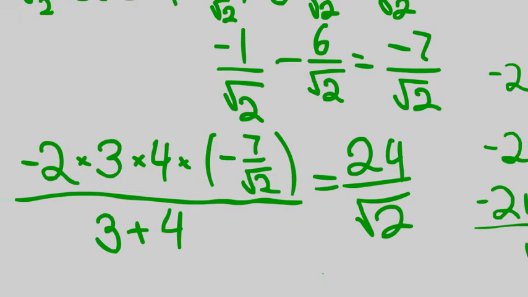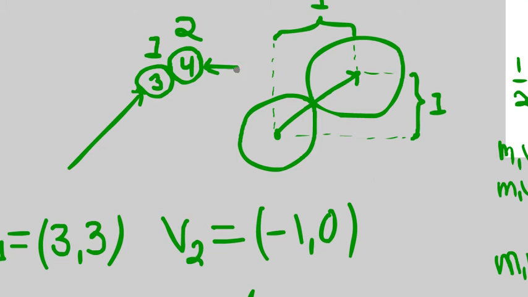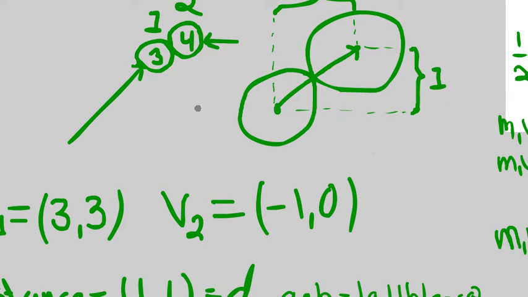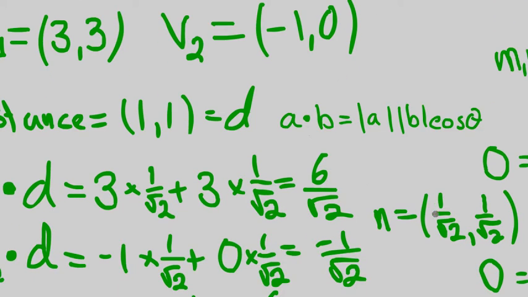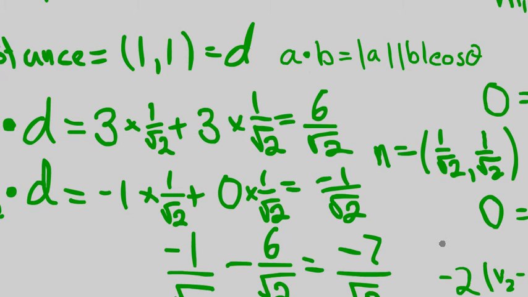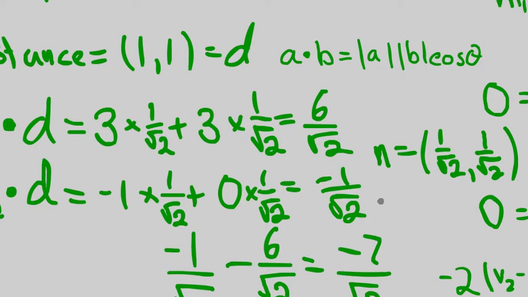Okay, so that's the impulse that you should apply on these two balls here. But remember that impulse, you have to apply it in opposite directions like this, and along this vector right here. Since this vector is a normal, 1 over the square root of 2, it's nice because you get to multiply the magnitude times it.